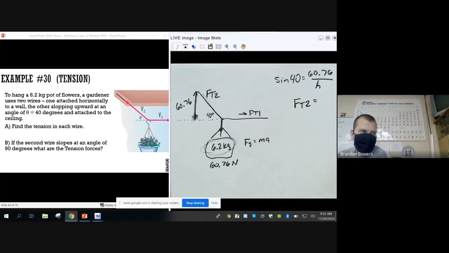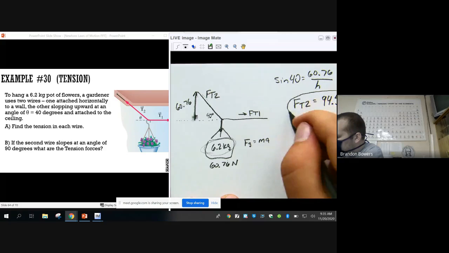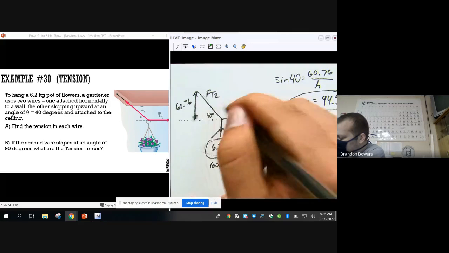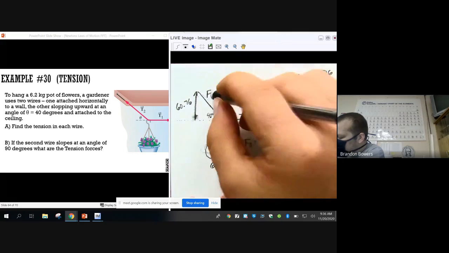What's my hypotenuse equal out to be? 94.5. And so that's my force tension 2.